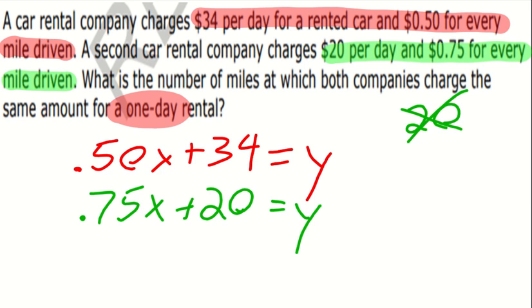That's the dot there. So they're going to cross at our x value. So that's going to be our miles. 62 would be our y value.